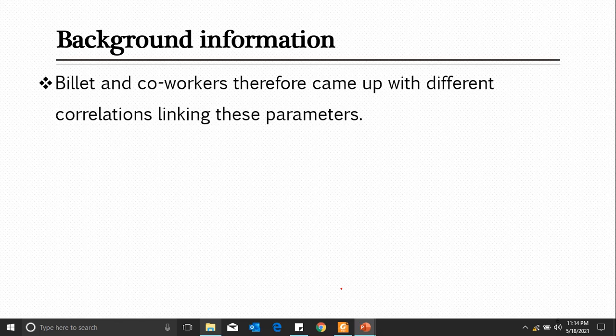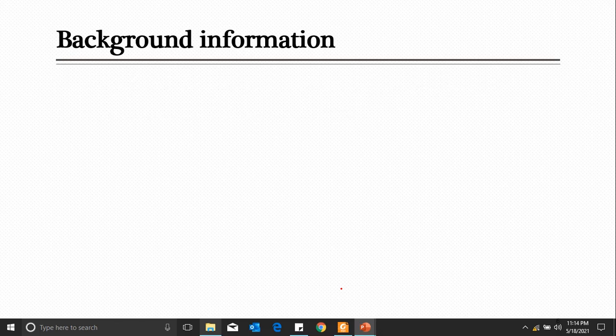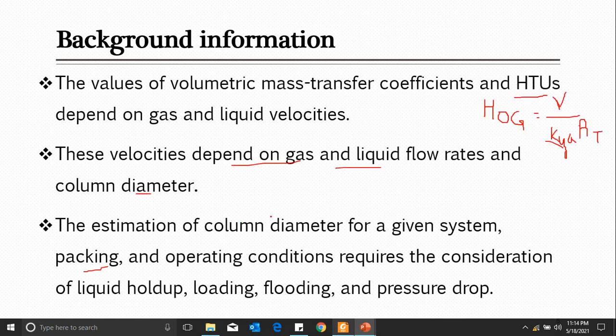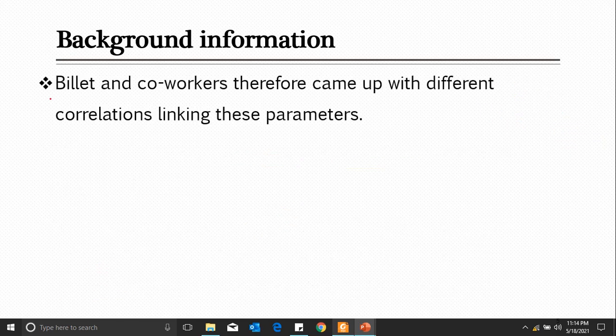In order to find the liquid hold up inside the column, because when we have to design the column diameter we have to start initially with the liquid hold up, and that is dependent on the liquid flow rate actually. Then these parameters also come in, like loading, flooding, and pressure drop, and finally we reach the calculation of the packing diameter.